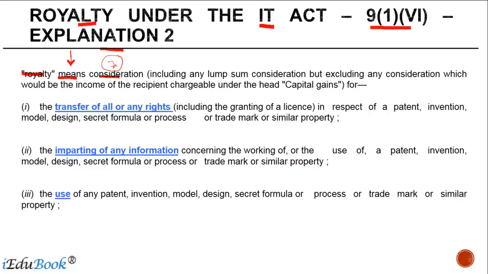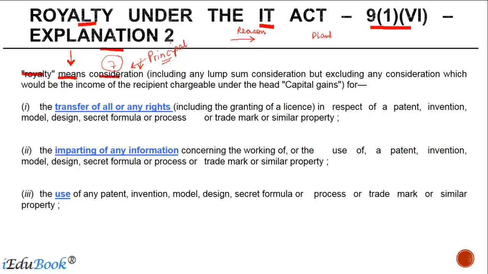Coming to the use of the word consideration, here what needs to be seen is what is the principal reason for the payment. What consideration implies is that effectively if I give something to a person, what is the reason for which I am making that payment, right?